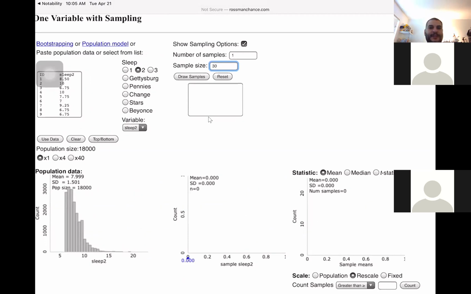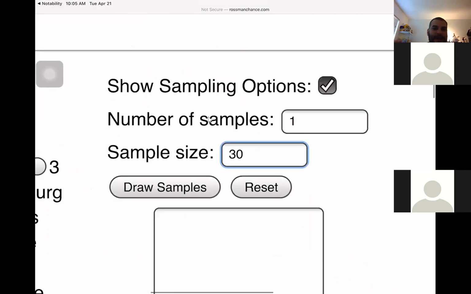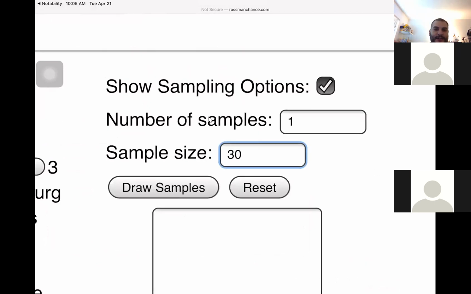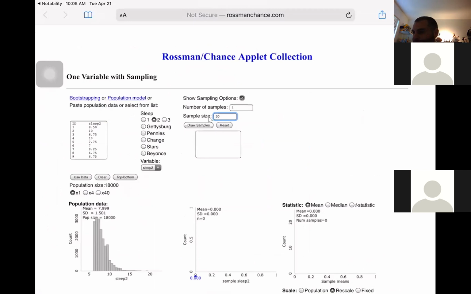We're going to take a sample size of 30. Right now, this is the setting I have it on, so we're going to take one sample of 30. Once we get the 30 samples, we take the average of those 30 samples, and that's going to be our one data point.